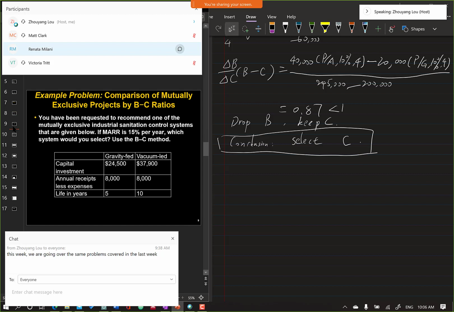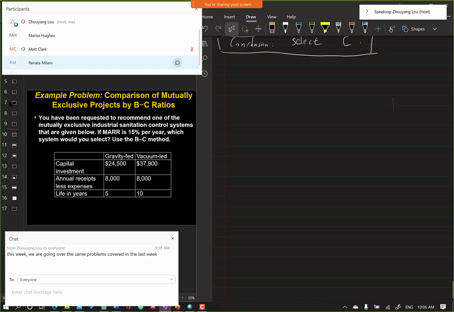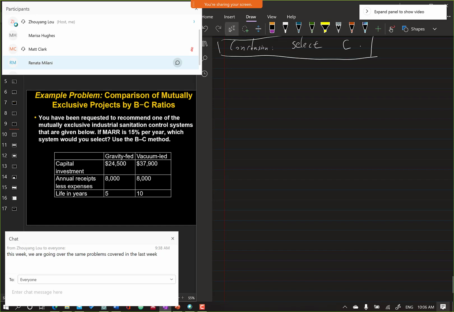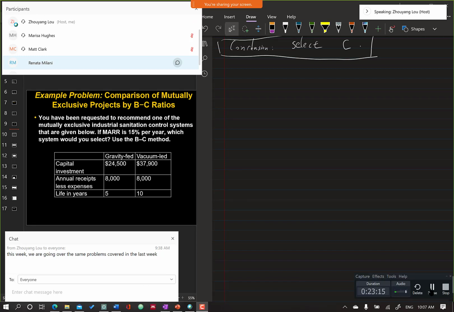Okay, cool. Then another example of doing the benefit cost ratio, and that's an example showing unequal project lives. I will give you 2 minutes or so to read through it.